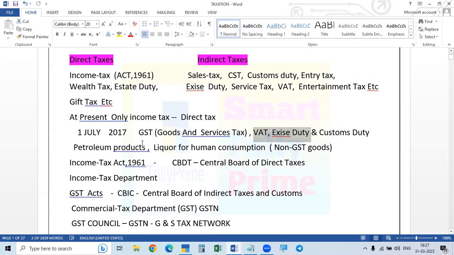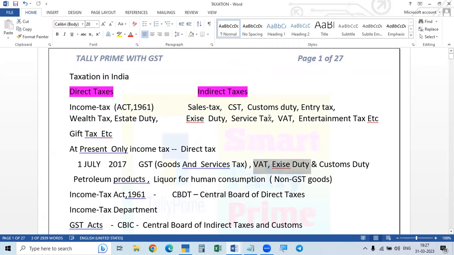Okay, and it was brought into existence in July 2017. Actually, the main reason is this: before GST, there was sales tax or VAT. From 2005 VAT was introduced, and in 2017 GST was introduced.